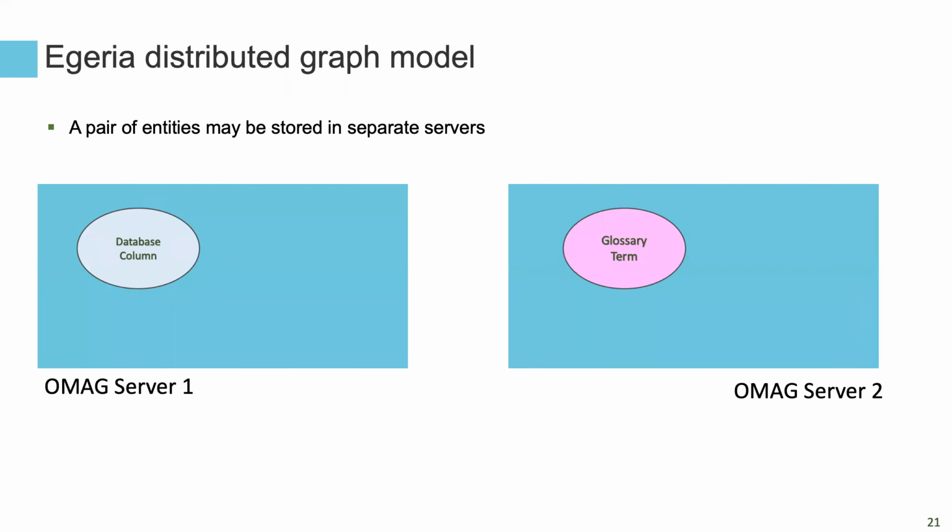So some graphical examples, which I think make it a lot clearer rather than listening to me talking about it. Imagine we've got two OMAG servers, they've got repositories, and they store two separate entities or entity instances. So one on the left has a database column, and the one on the right has a glossary term. Now we want to create a relationship between these two distributed entities.